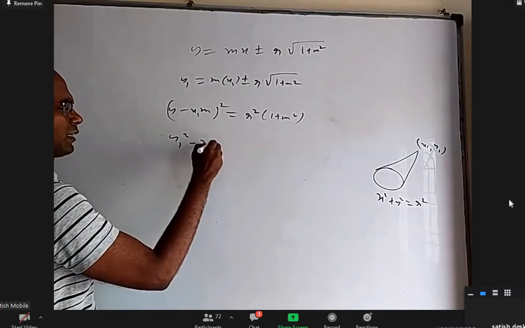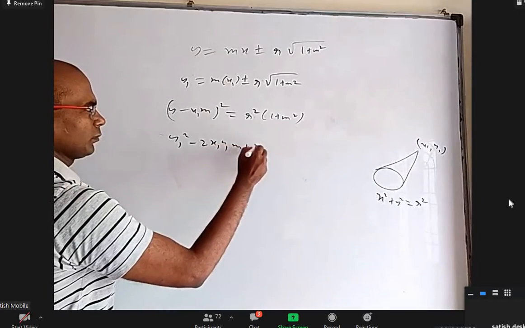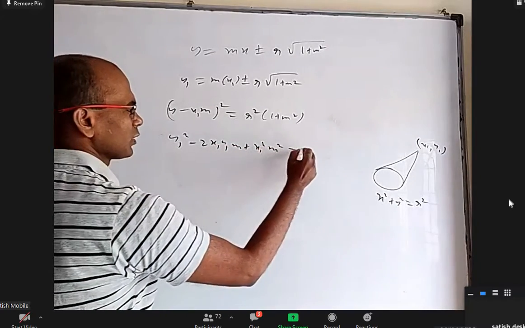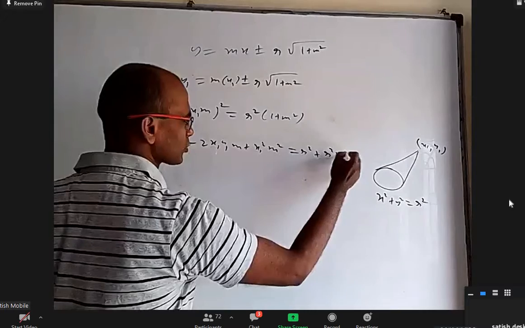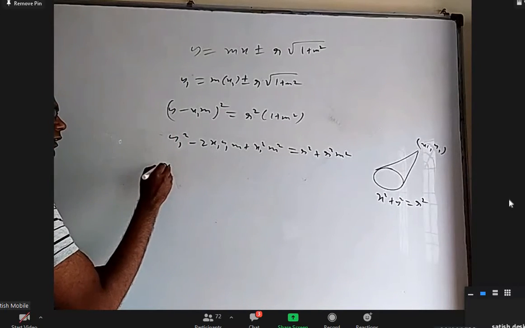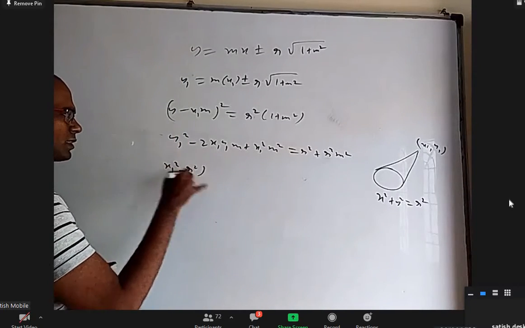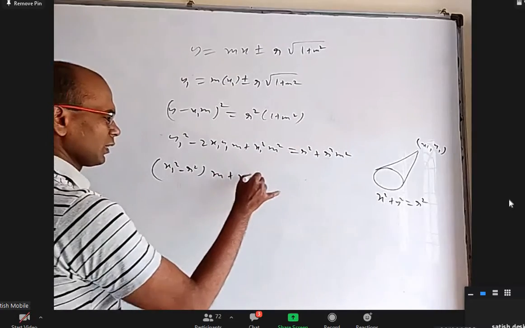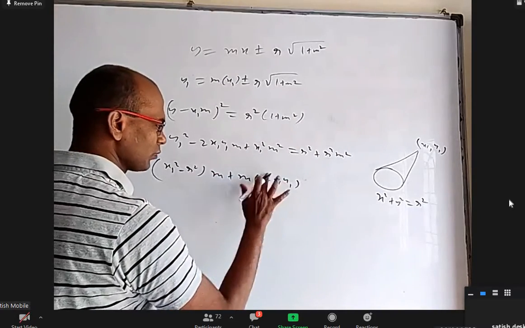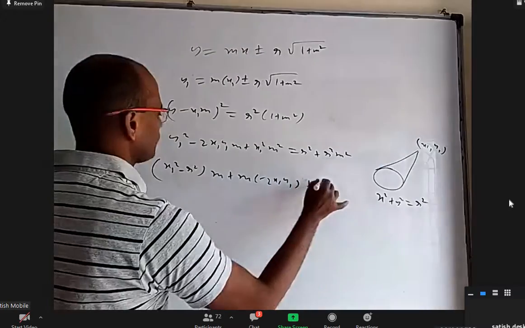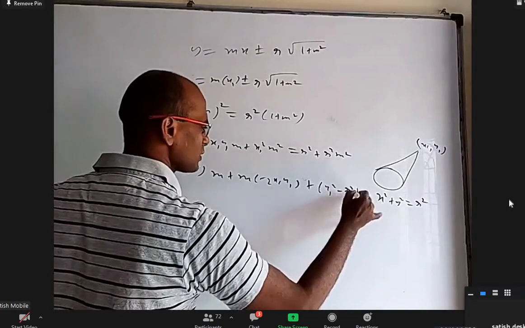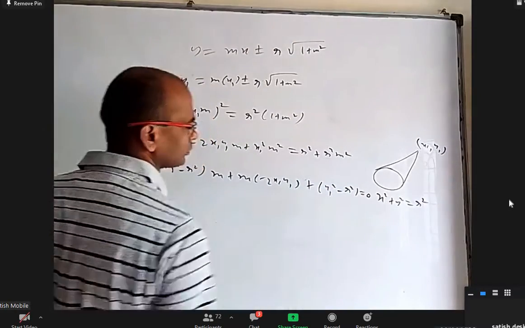Y1 square minus 2x1 y1 m plus x1 square m square equal to r square plus r square m square. When I bring it to one side, I'll get (x1 square minus r square) m square minus 2x1 y1 m plus y1 square minus r square equal to 0.